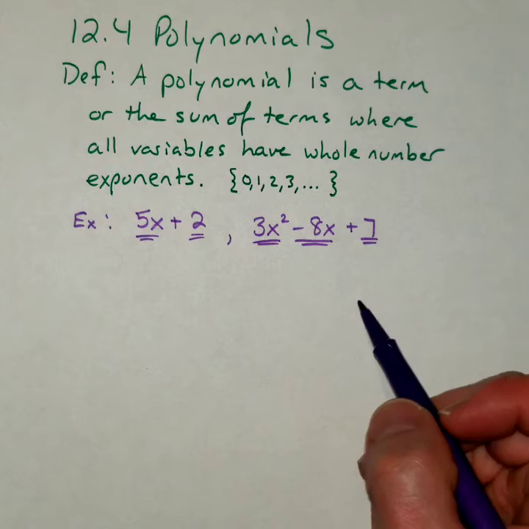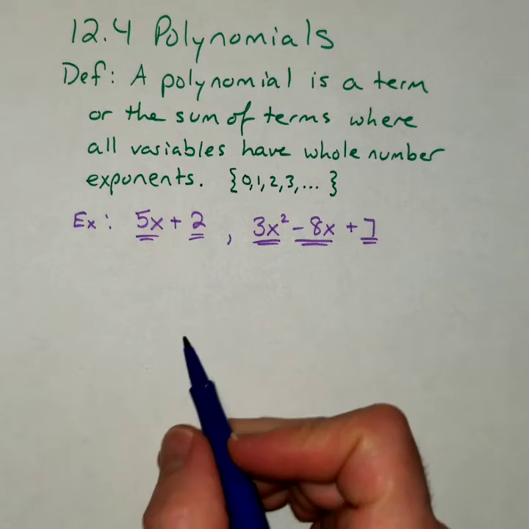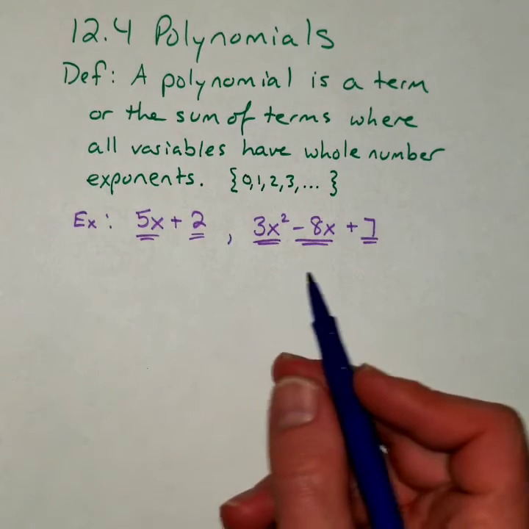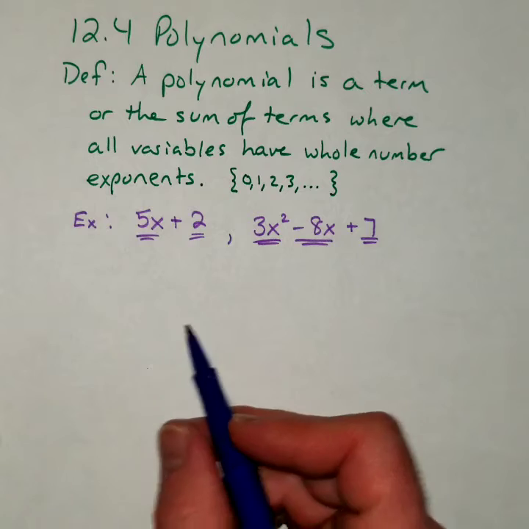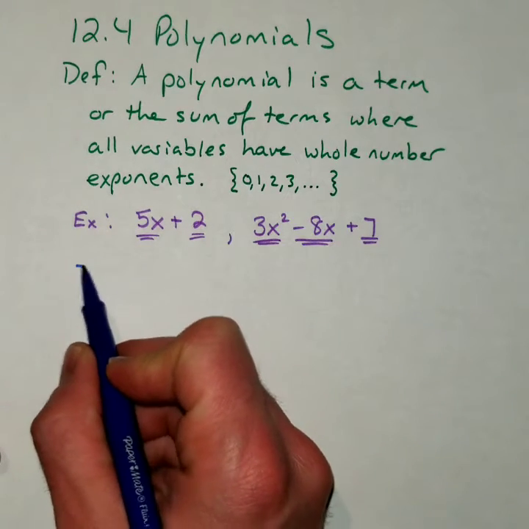All right, now I'm going to add another definition into the mix here. We're going to talk about lots of different things here. Some of these you may have already seen, some of the definitions you may have already seen. First thing is the degree of a term.